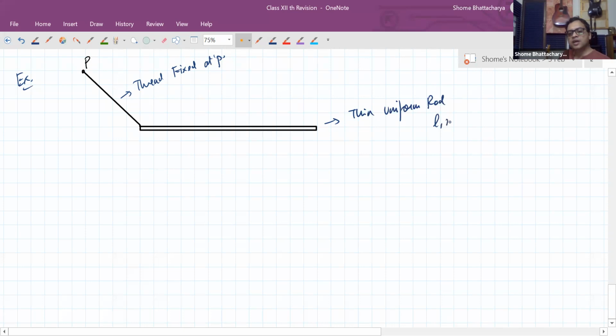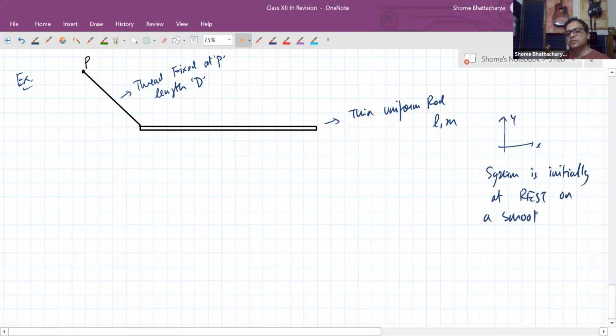of length L and mass M. Okay, and the thread has a length capital D. Now this whole system is on a smooth horizontal plane. So the whole system is initially at rest on a smooth horizontal surface.